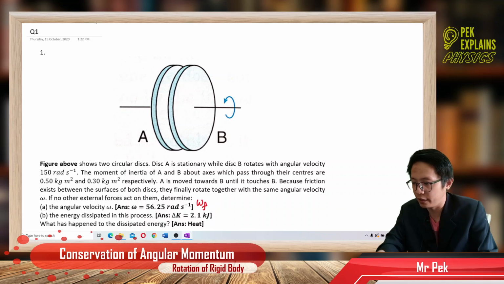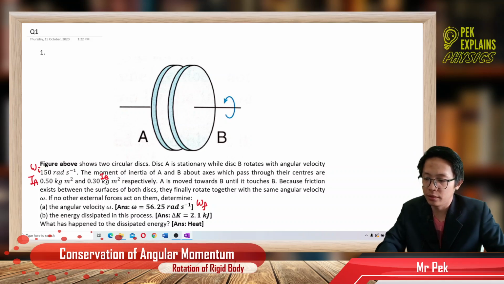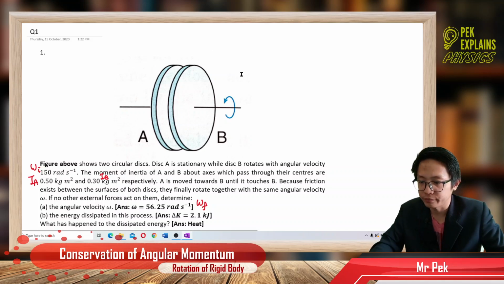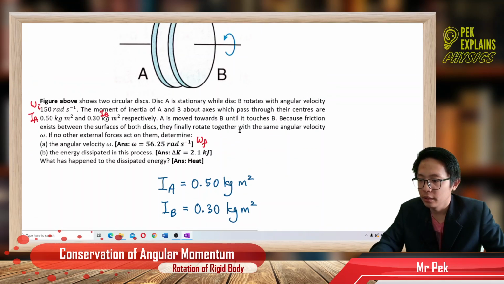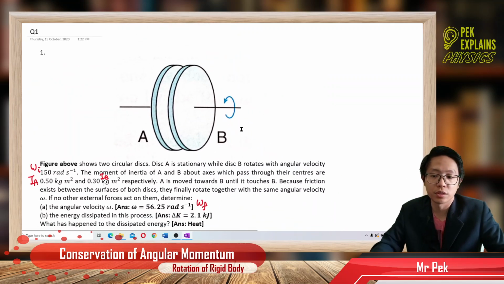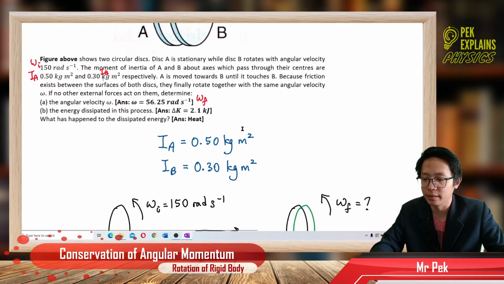So we have the initial angular velocity and also given IA and IB, the moment of inertia. So now what to do? Okay, so we use conservation of angular momentum.